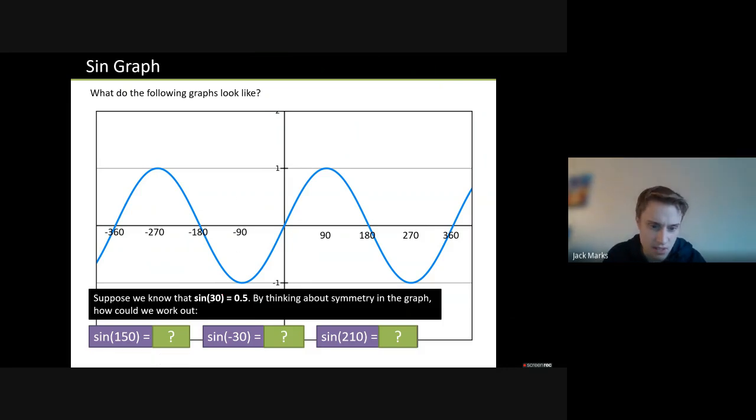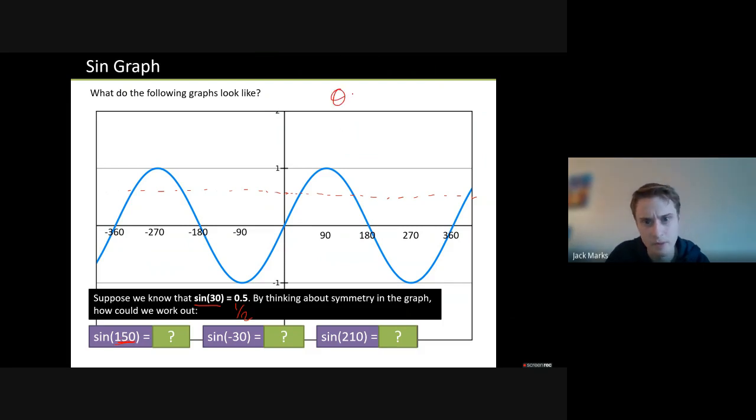So sine of 30, you might remember, this is one of your exact values, and this is a half from GCSE. So a half is sort of here, okay? And you could extend this over here as well. So thinking about symmetry in the graph, because there are interesting symmetrical points on sine and for cos, what would sine of 150 be?